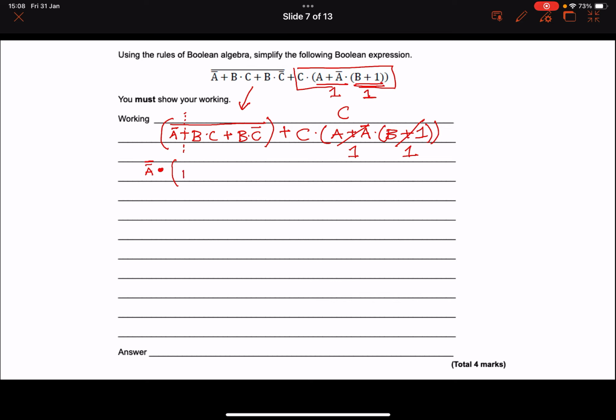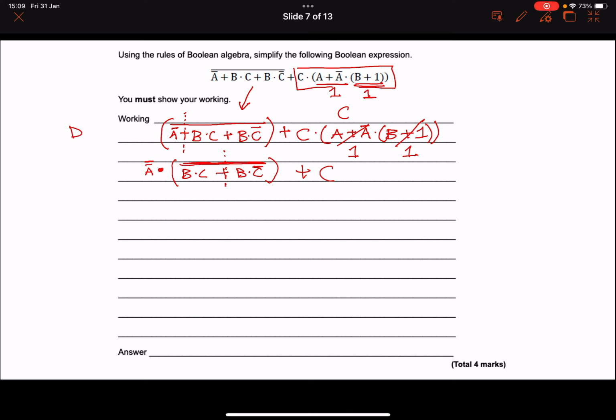Then we end up with B and C, or B and not C, brackets, and then put the rest of the bar across the top, and then we can just leave that as C because we've already reduced that term down. And then the next obvious place to do De Morgan's would be here.